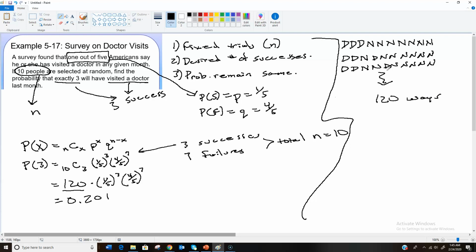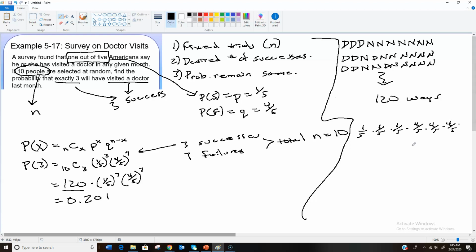But everything else remains the same. So even though they're in different places, you would still have 1/5 3 times, and you would still have 4/5 7 times if you multiply these out. Like, for instance, the first one would be 1/5 times 1/5 times 1/5 times 4/5 times 4/5 times 4/5. This would have to be 10 of these.